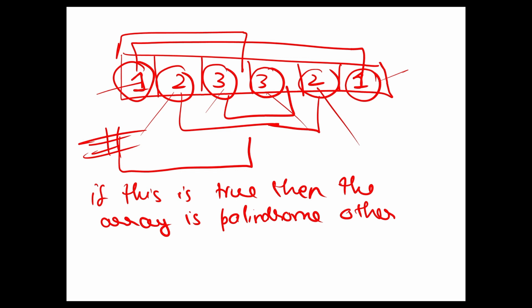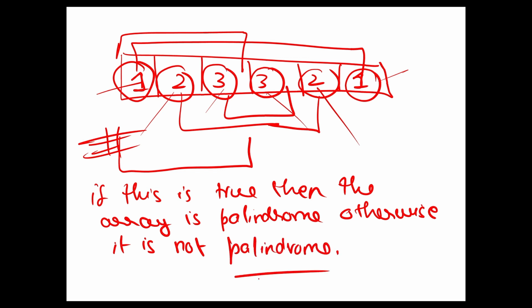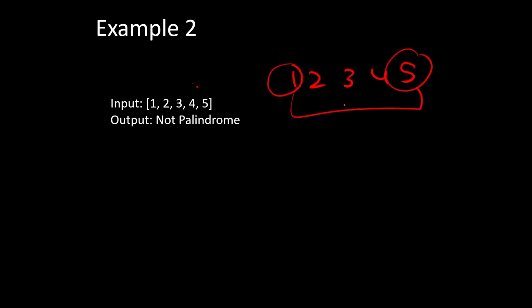Otherwise, it is not palindrome. Now in this example, 1, 2, 3, 4, 5, the element at the first index is not equal to the element at the last index. So hence this is not palindrome.